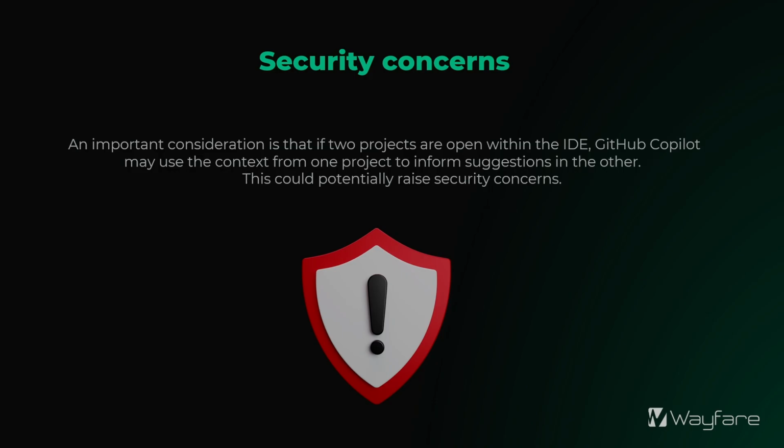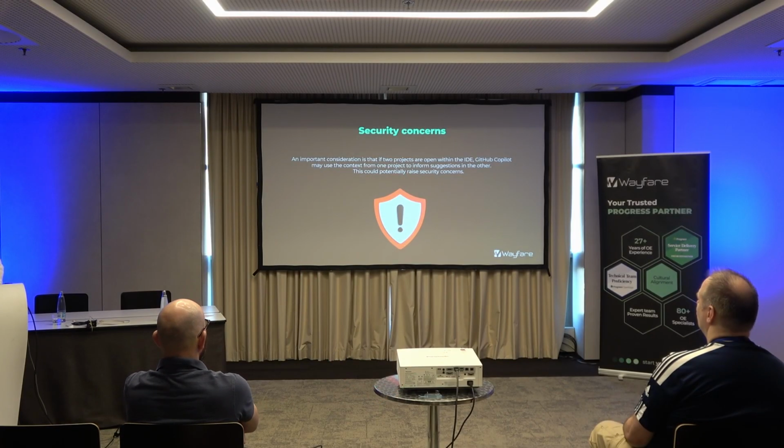It's important to know what we discovered: if we have two sessions of Visual Studio Code, it tries to take an answer from one project to another. It doesn't know that I have two sessions, two projects, and it's trying to give me suggestions based on the other project.